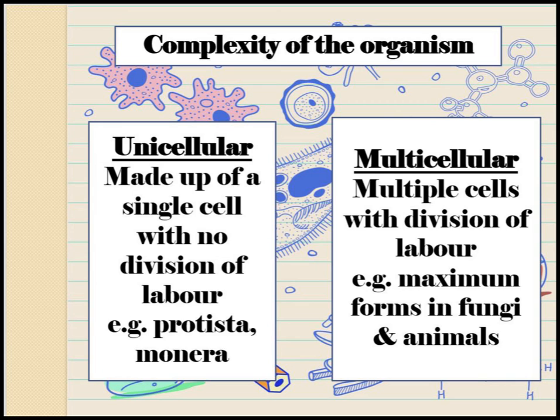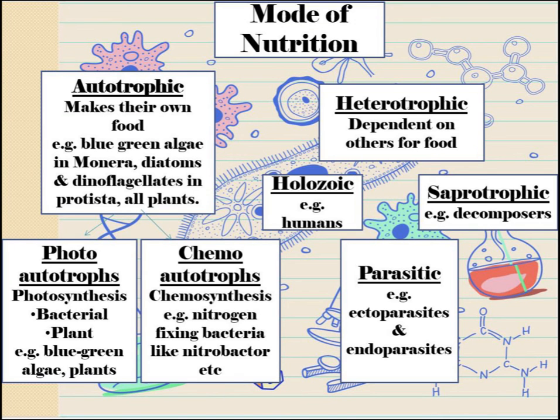Then we go on to the next criteria, that is the mode of nutrition. Now, there are different types of nutrition which happen in our body: autotrophic and heterotrophic. What is autotrophic? The term itself suggests what it is.